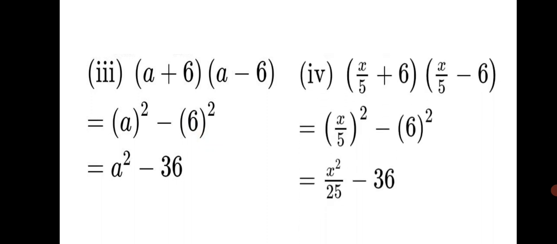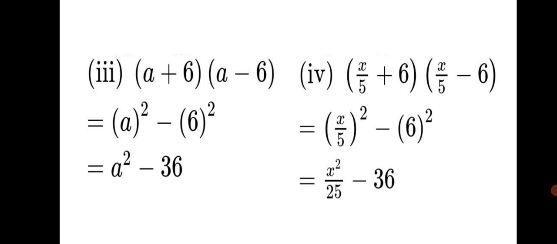Question number 4. (x upon 5 plus 6) in one bracket and (x upon 5 minus 6) in another bracket. You can see it appears in the form (a plus b) into (a minus b). So we can use our formula, which is equal to a square minus b square. Now what is our a here? x upon 5, the first term. So its square will be (x upon 5) the whole square.